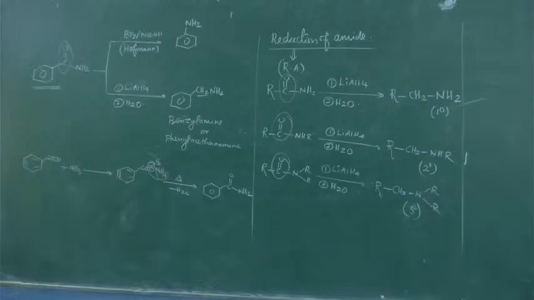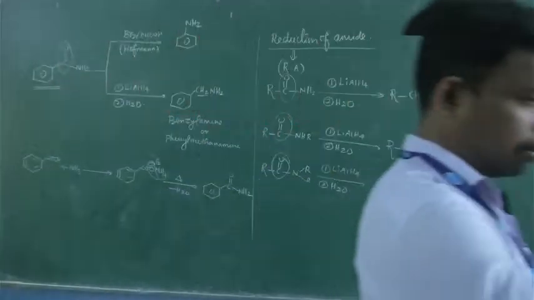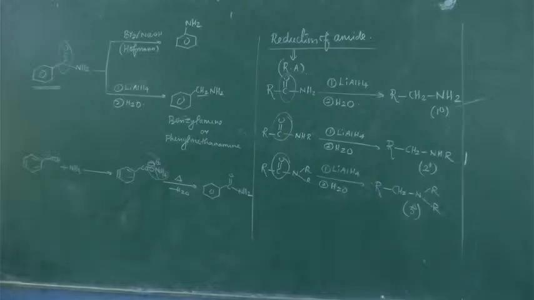Okay, so what are the methods for preparation of amines? The first method is going to be reduction. Preparation of amines: reduction, ammonolysis, then reduction of nitriles, Gabriel phthalimide process, Hoffmann bromamide method, and reduction of amides.